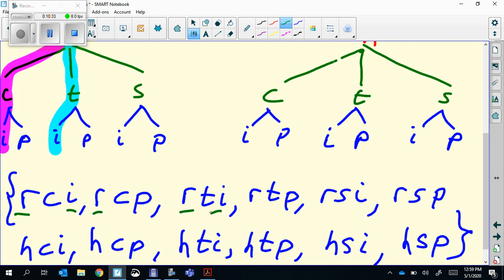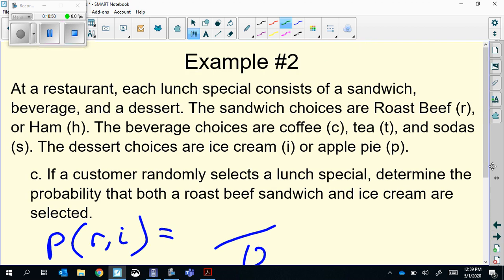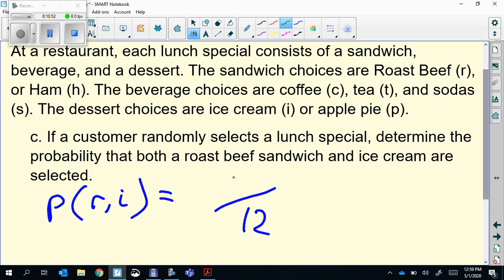Roast beef and ice cream. Roast beef pie, roast beef, ice cream. And then none of these have roast beef. So, erase that so I don't miscount. We had 1, 2, 3 of them have roast beef and ice cream. 3 of them have roast beef and ice cream. You can reduce that to 1 out of 4, or you can write that as 0.25, 25% chance.